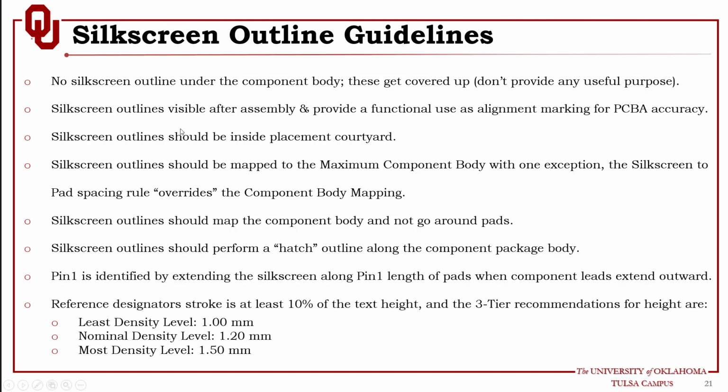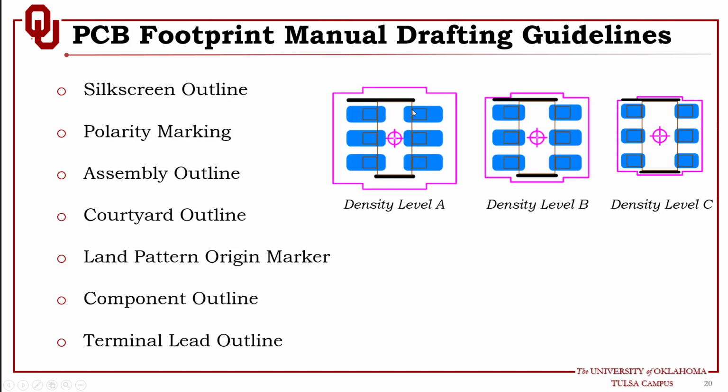Silk screen outlines are visible after assembly and provide a functional use as alignment marking for PCB assembly accuracy. So they should be visible. If we look at our case in here, if you place the component in here, you can still see the polarity marking for pin number 1, and also you can see the outline for this chip.